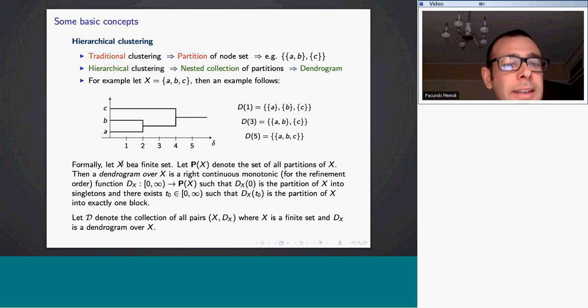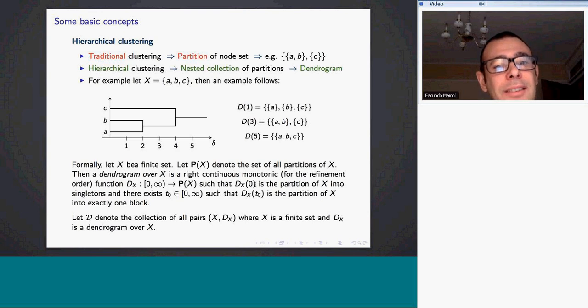So the formal definition is the following. If X is a finite set, and P of X is the collection of all partitions over X, a dendrogram over X is a right continuous monotonic function D sub X from the non-negative reals into partitions of X, where we take the refinement order on partitions.